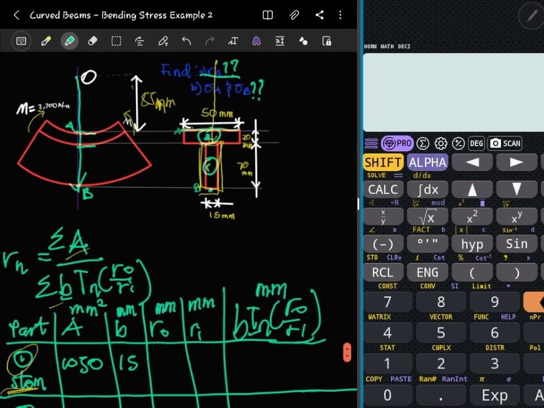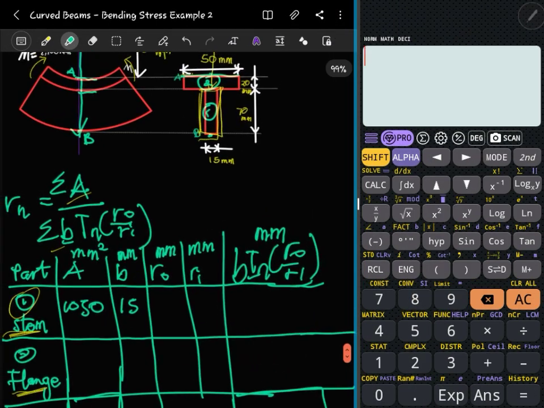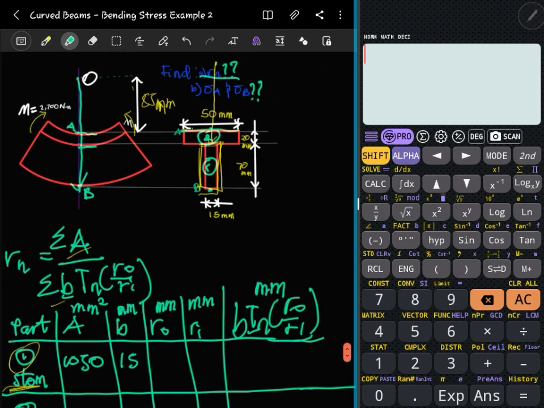So we're trying to get the Ro for the stem, which is part 1. As we were saying, in order to get that, the outermost fiber of part 1 is just from the center of curvature here up to this side here.